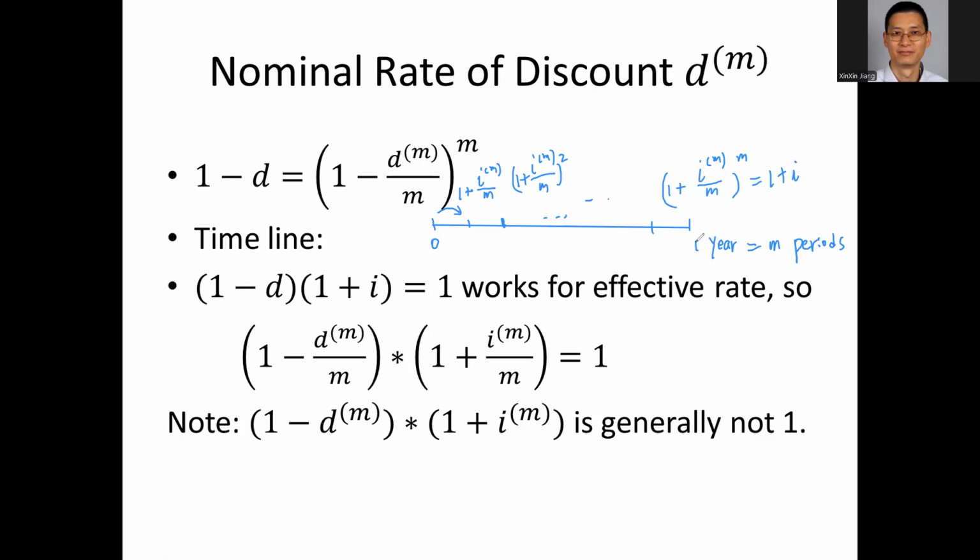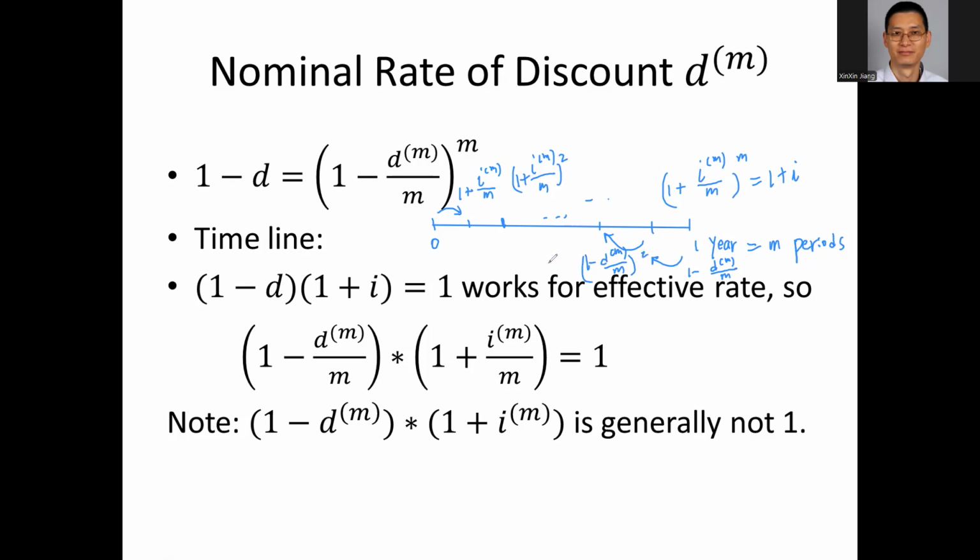And then if you have $1 at the end of 1 year, you're going to discount back by multiplying that number by 1 minus d super m over m. And then you discount back and discount back. So this one would be (1 minus d super m over m) squared.